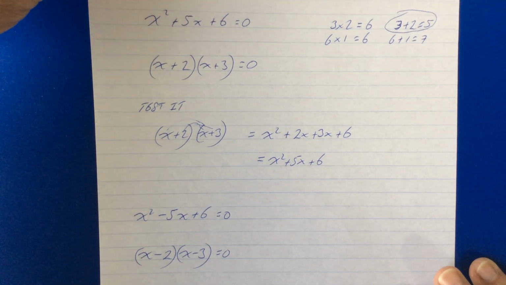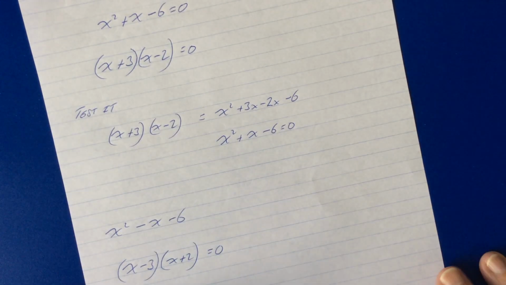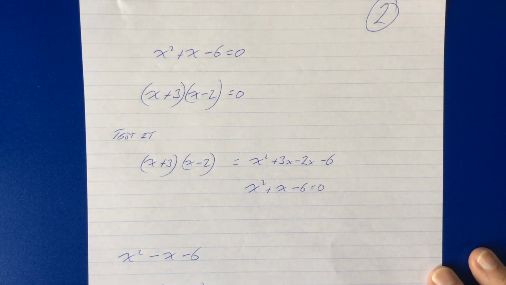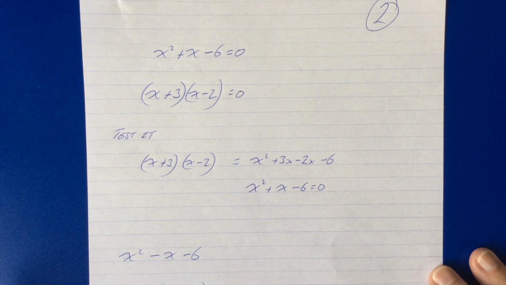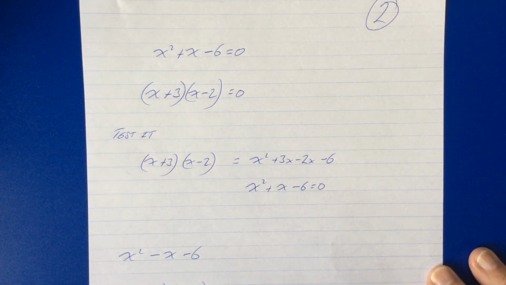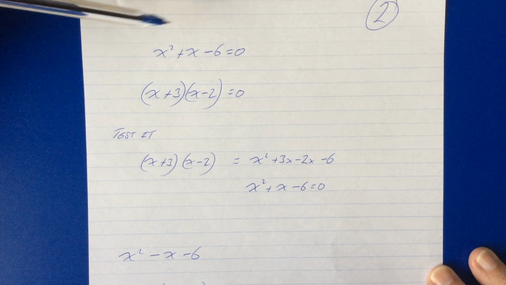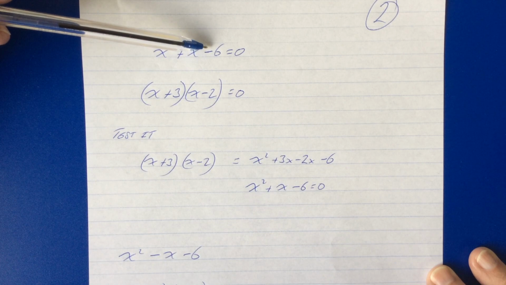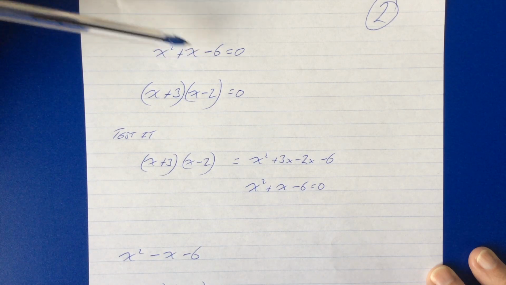Let's have a look at another example. So here we have x squared plus x minus 6. And we're still looking at factors that multiply to 6. But this is a negative 6.